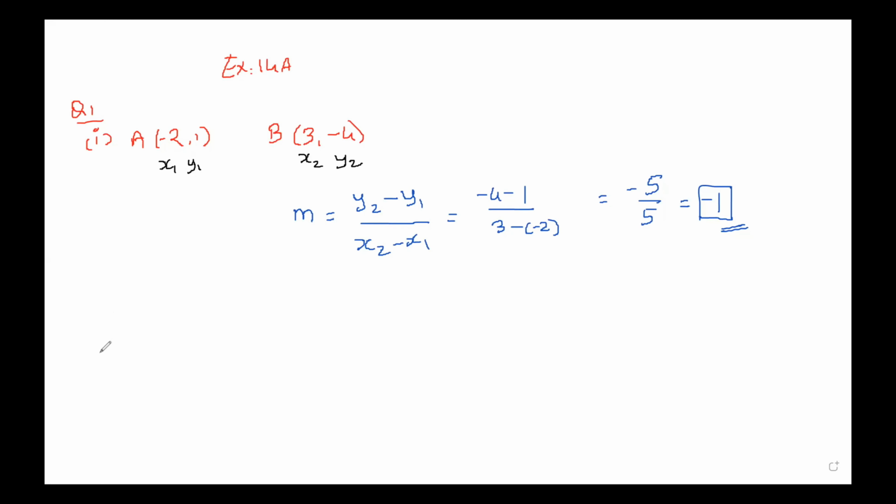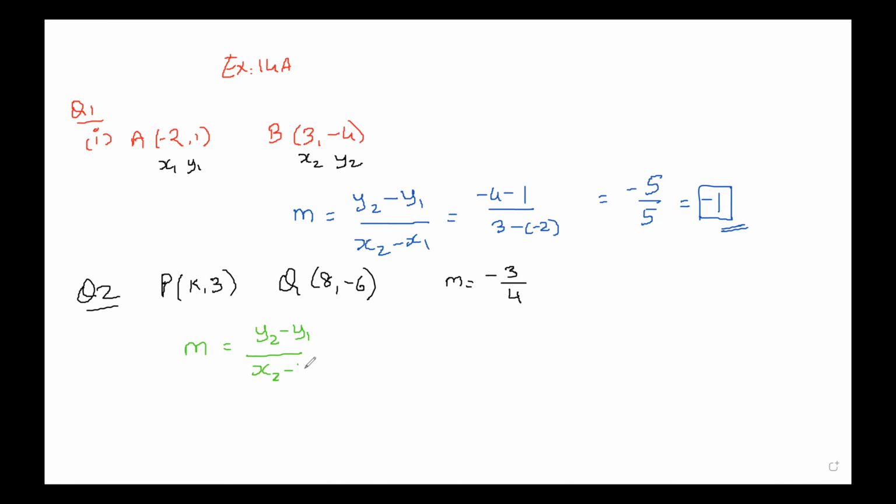Now instead of 2 points, one of the coordinates is a variable and the slope is given. See question number 2. If the slope of a line joining P(K, 3) and Q(8, -6) is given, m equals -3 upon 4, you have to find the value of K. So put in the same formula, m equals (y2 minus y1) upon (x2 minus x1).